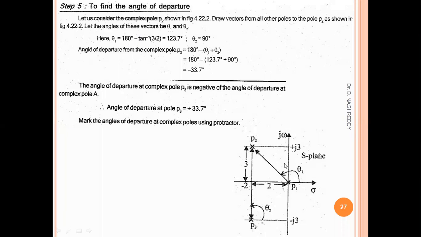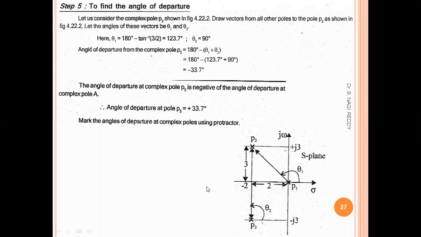So for poles, P1 is a real pole, so we should not consider pole P1 here. Pole P2 and pole P3 both are complex poles, so we have to calculate two departure angles. The first departure angle is at pole P2, the second departure angle is at pole P3.